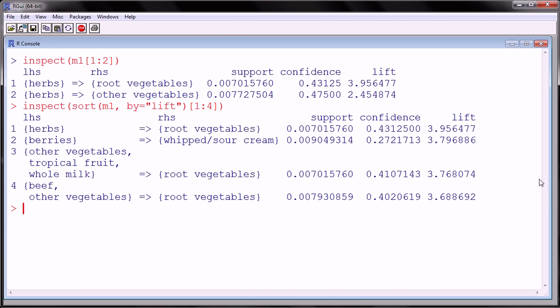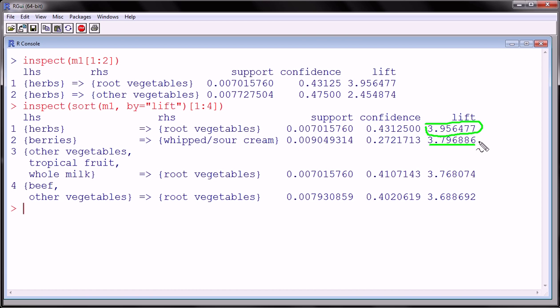sorted by lift. So you see the rule with the highest lift was the herbs and the root. Herbs imply roots. Next was berries imply whipped cream / sour cream. Interesting. So customers who bought berries were likely to also buy whipped cream / sour cream, with a lift of 3.8.